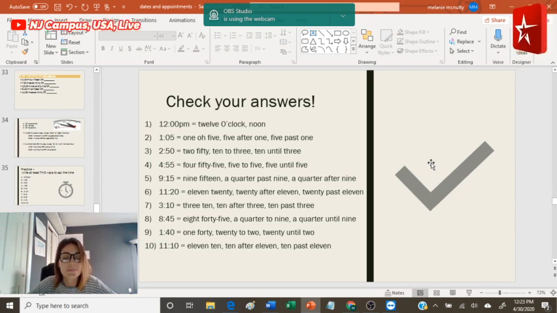Number 8, 8:45, 15 until 9. Number 9, 1:40, 20 to 2, 20 until 2.